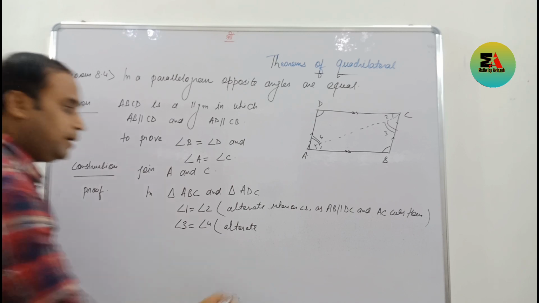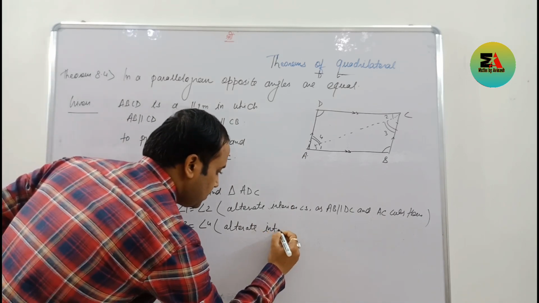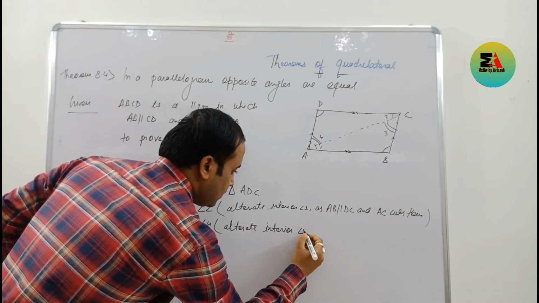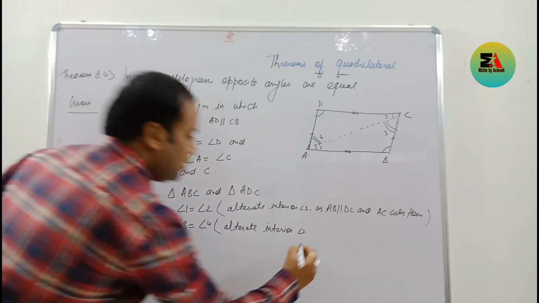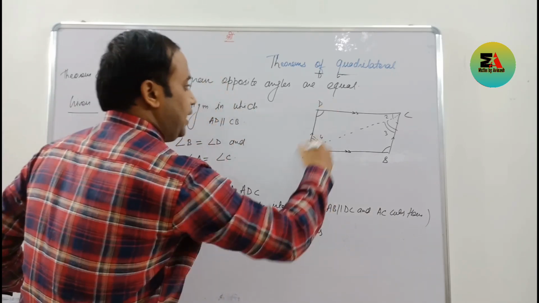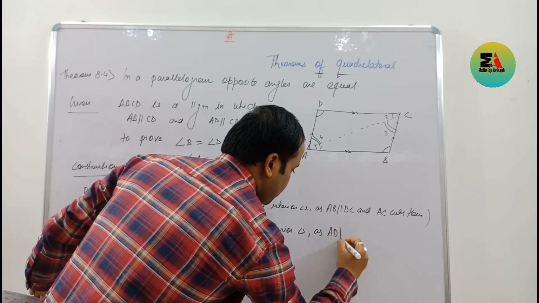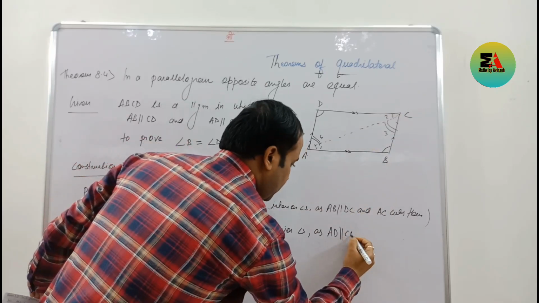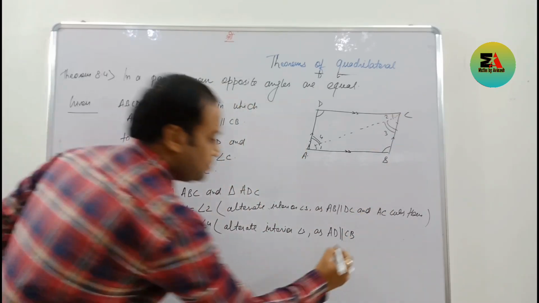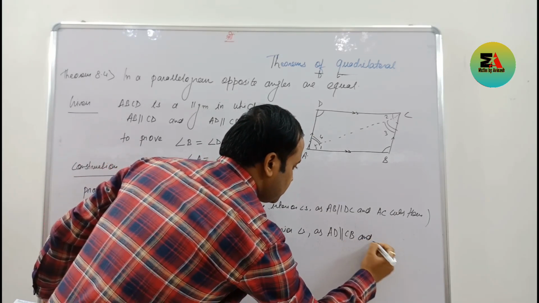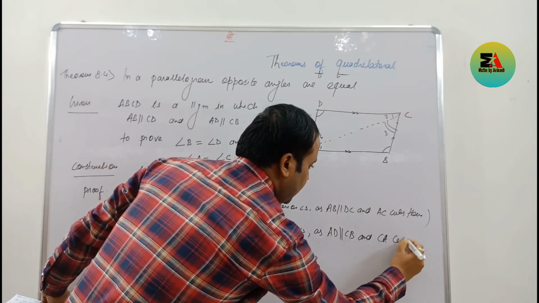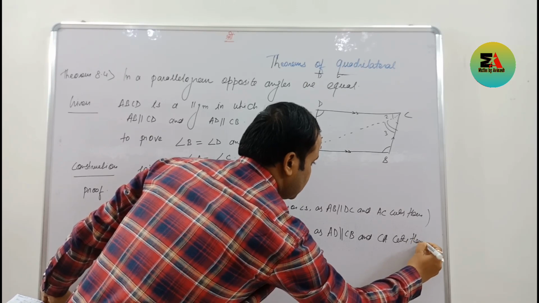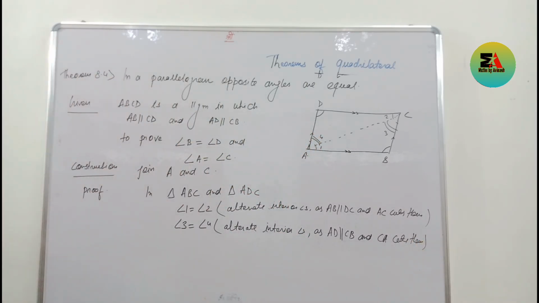Alternate interior angles, as AD is parallel to CB and CA cuts them. Clear?